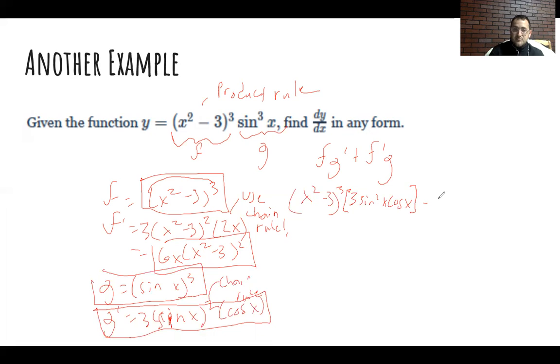And then I got the f prime g. So then I would write this as 6x times x squared minus 3 squared. And then my g is just sine of x cubed. And then we're done.